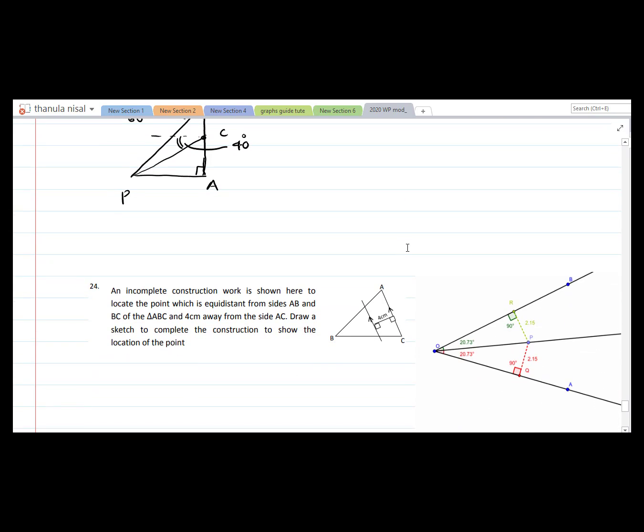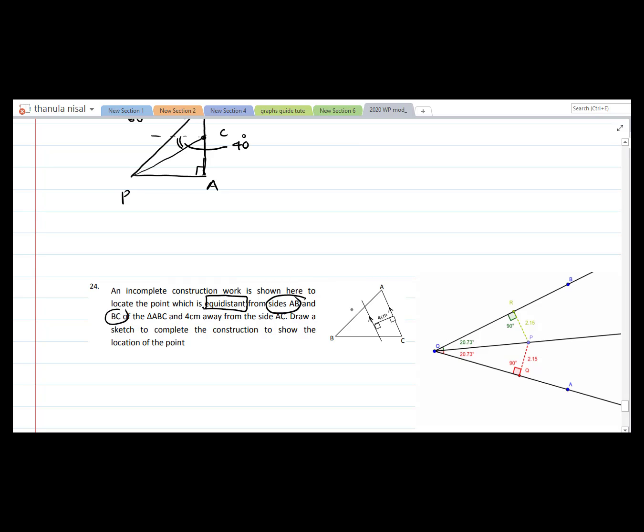Question number 14. There's a construction. An incomplete construction work is shown here to locate the point which is equidistant from sides AB and BC. Okay. The path where the distance from two straight lines is equal is the angle bisector formed by joining those two lines.